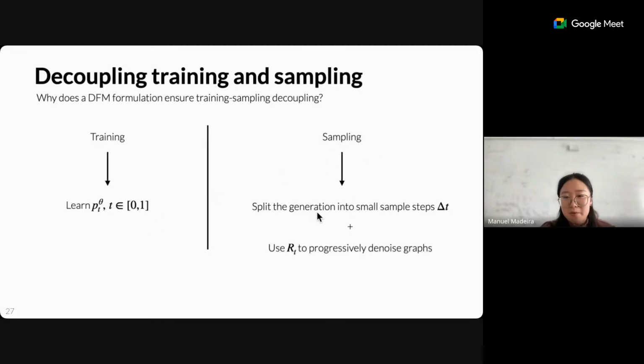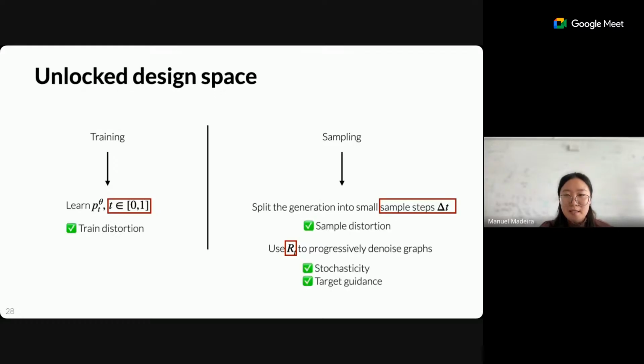In sampling, we split the generation from T equals 0 to T equals 1 into small sample steps delta T. After this, we use a rate matrix formulation to progressively denoise the graph based on the model output. It is important to remark that both the time distribution during training and the sample step delta T, or the formulation of R, are inherently independent among them. This means we can train each of them separately. This unlocks the design space of DeFog by far.